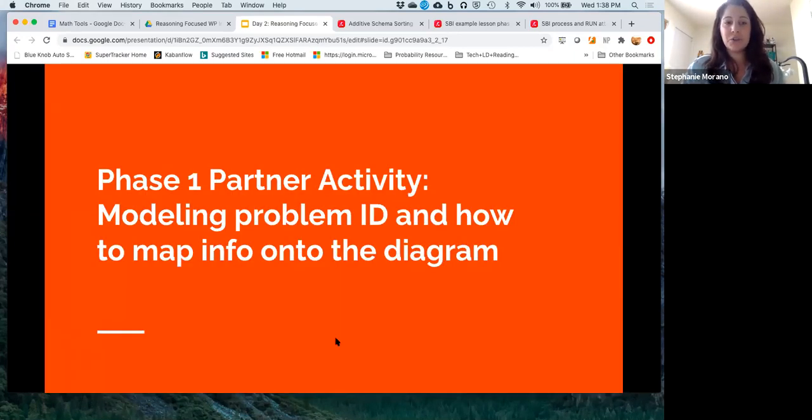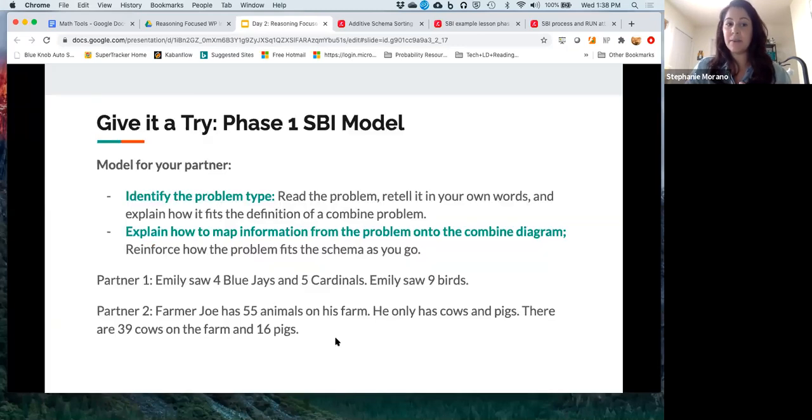So what we're going to do is, again, head into breakout groups to do a little bit more practice with this part of the process. So modeling problem identification and then mapping information onto the diagram. I'm going to send you into breakout rooms again.